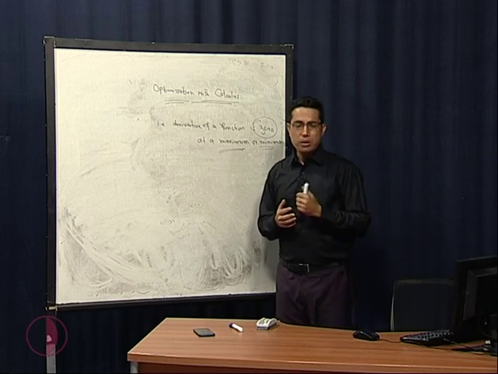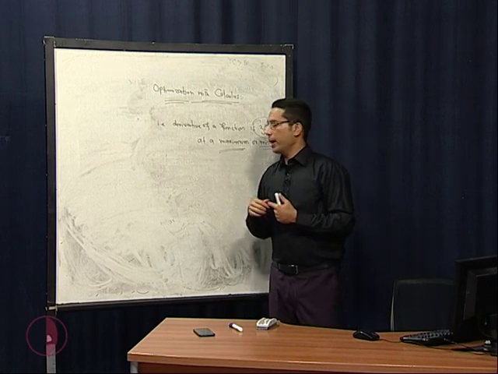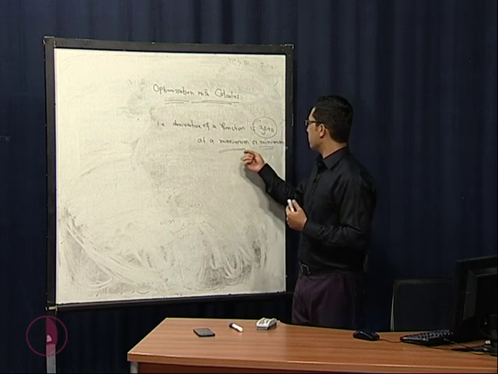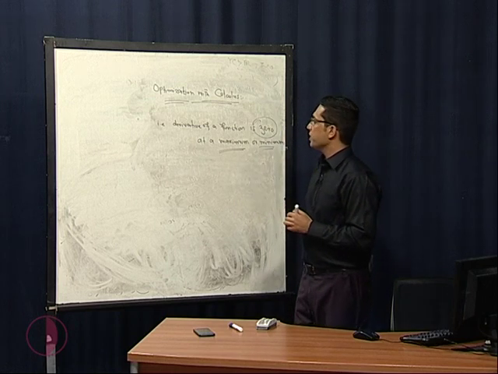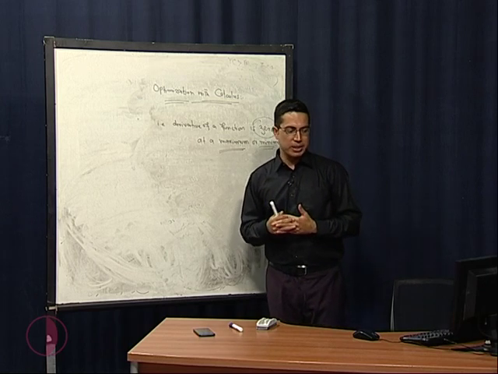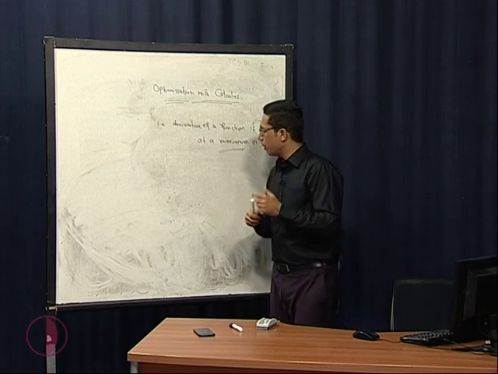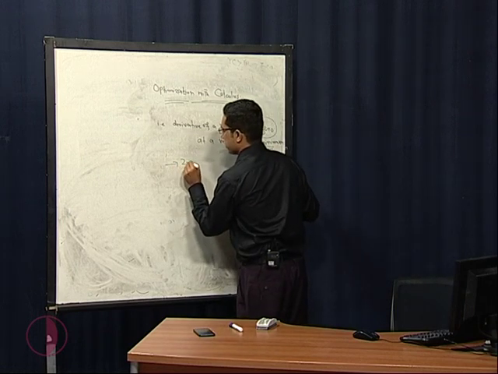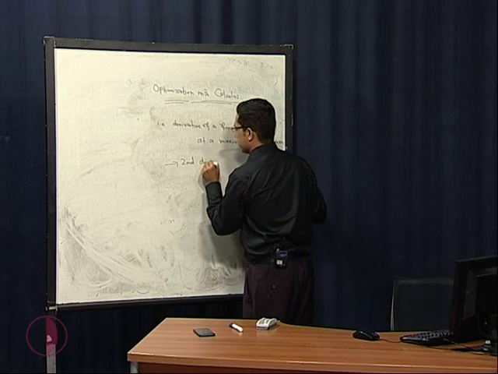So for knowing the maximum and minimum point, we use the second order derivative. It means the derivative of the derivative. We will use the concept of second derivative.